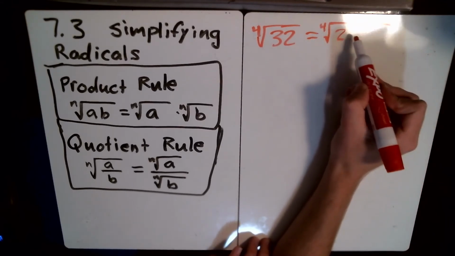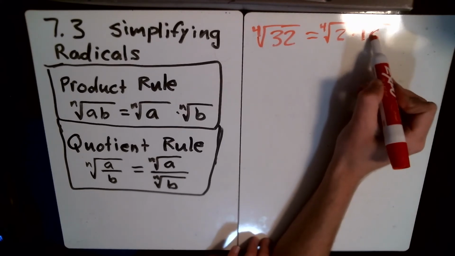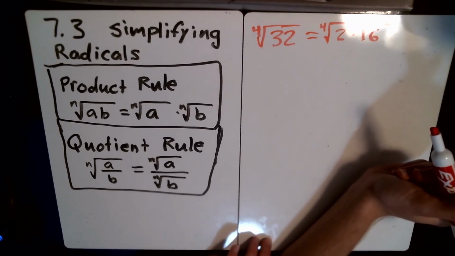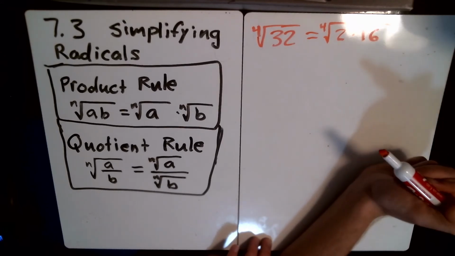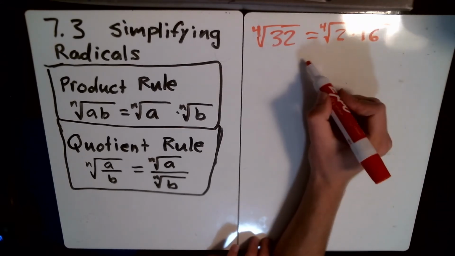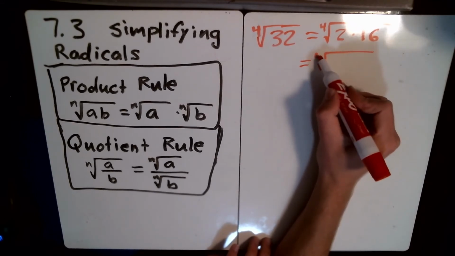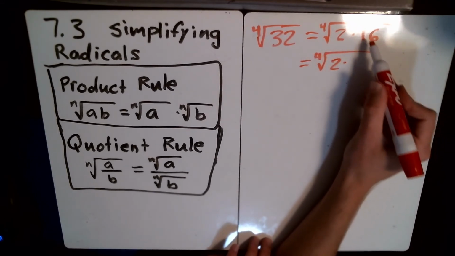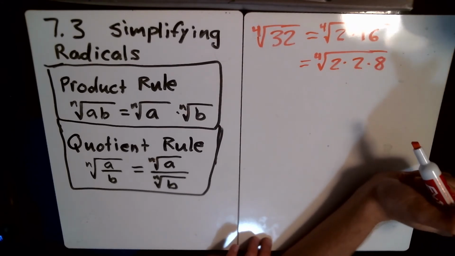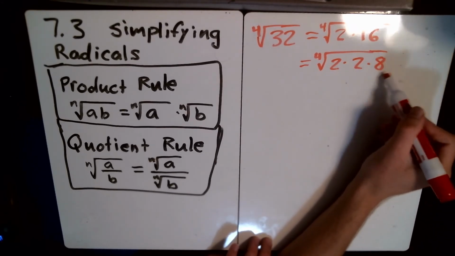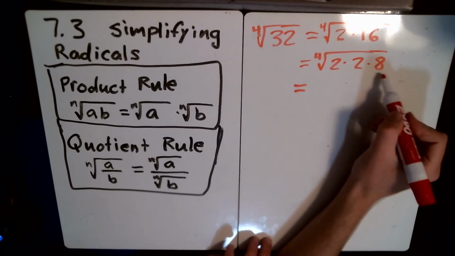Well, if I think of what numbers go into 32, I can start factoring it out. Well, 2 and 16 go in there, right? And then 16 isn't prime. We could factor out a 2 from that, so we'll keep factoring stuff out. The 16 can turn into a 2 times 8, right? Well, let's keep factoring.